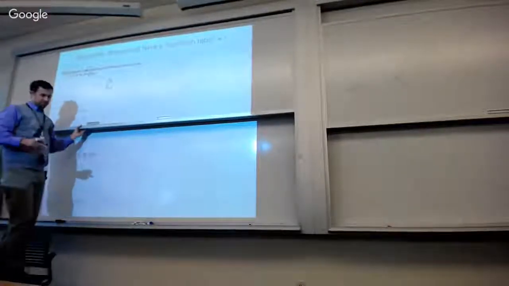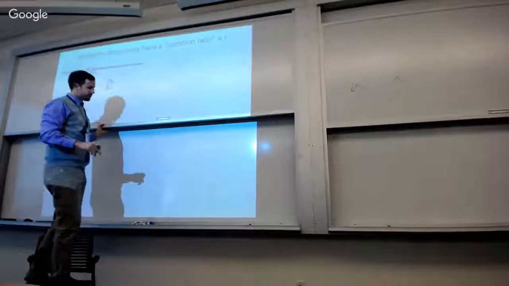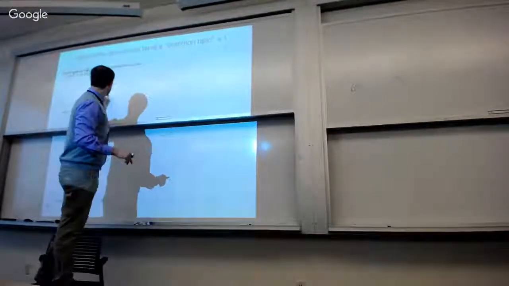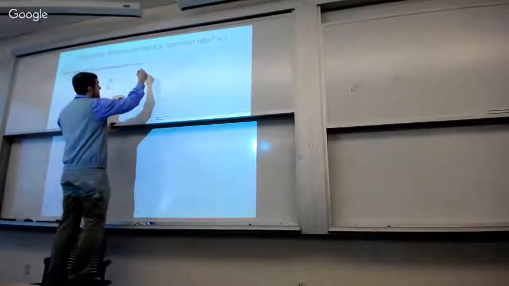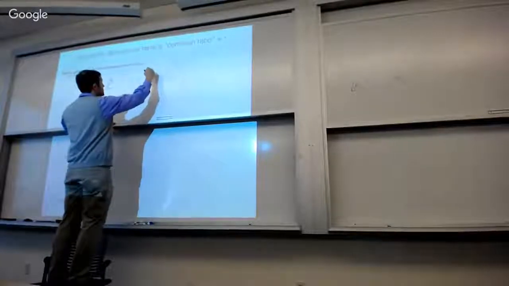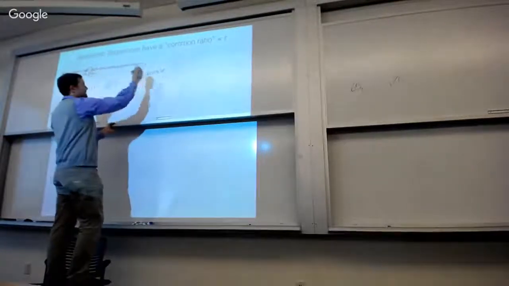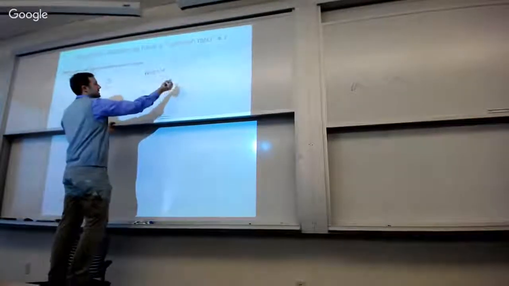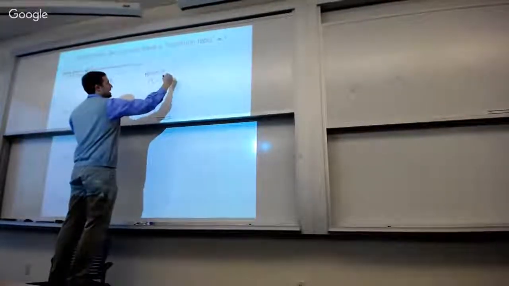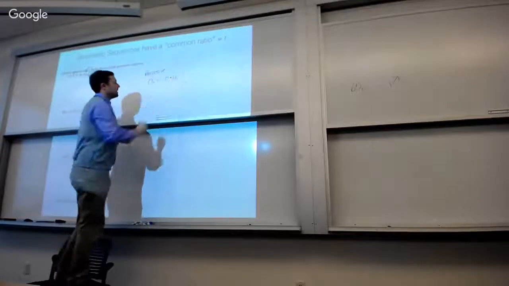Where did that formula come from? Well, that formula is fairly intuitive. It just says take the nth term and divide it by the term in front of it. But it comes from the recursive formula. When you do a recursive formula for a geometric sequence, it's simply that the nth term is equal to r times the previous term.